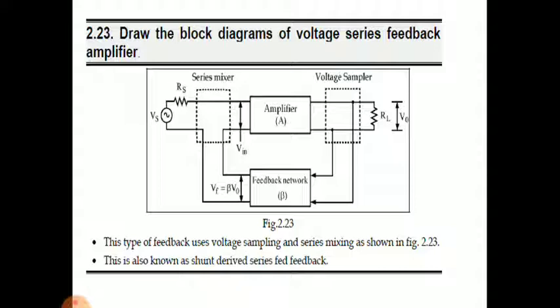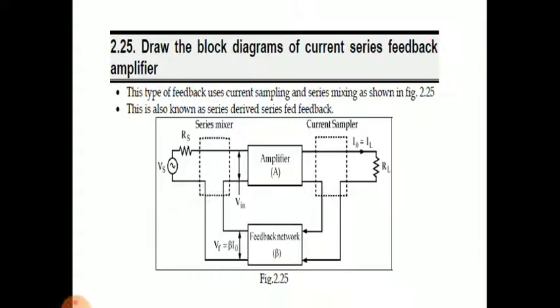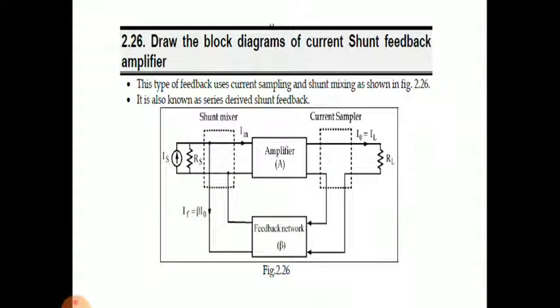That is voltage series feedback amplifier or shunt derived series fed feedback, and voltage shunt feedback amplifier, also called shunt derived shunt fed feedback. The third one is current series feedback amplifier, also called series derived series fed feedback. And the last one is current shunt feedback amplifier, also called series derived shunt fed feedback.